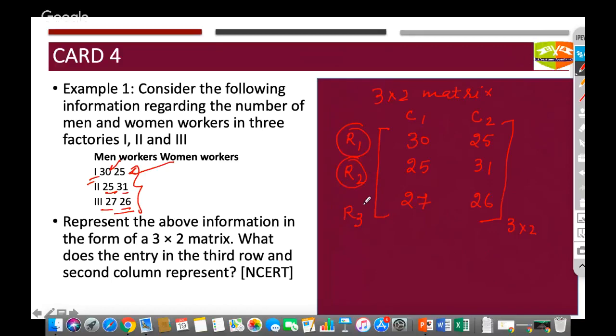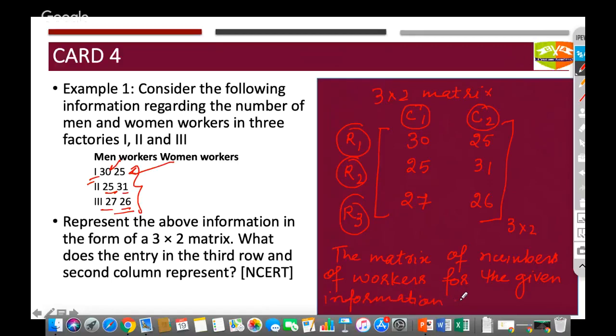This particular thing is just to help you understand. You don't need to write it. You should only write that the matrix of number of workers for the given information would be equal to, and you should draw this particular matrix.